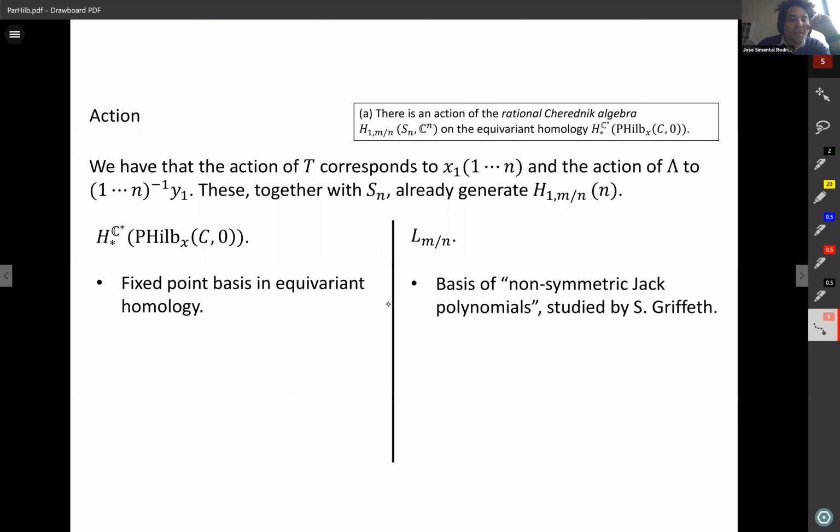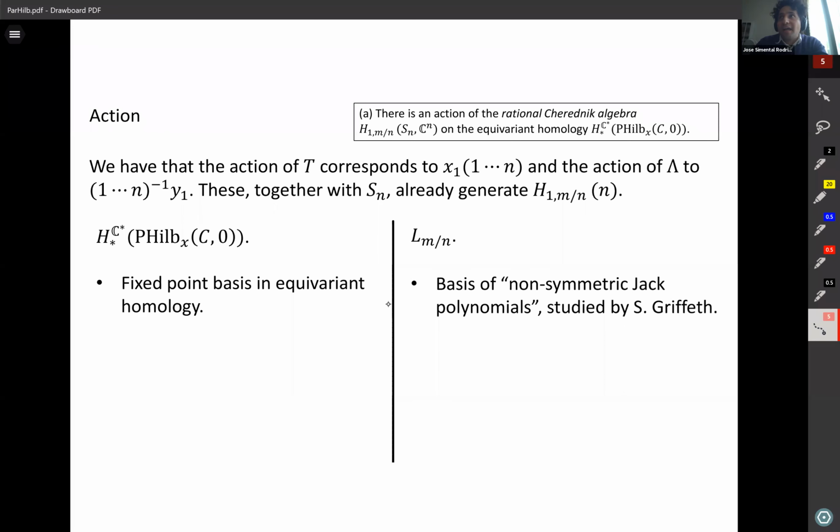So on the equivariant homology, we have the fixed point basis in equivariant homology. Here it is essential that M and N are coprime. This variety has isolated fixed points, which are given by chains of monomial ideals.